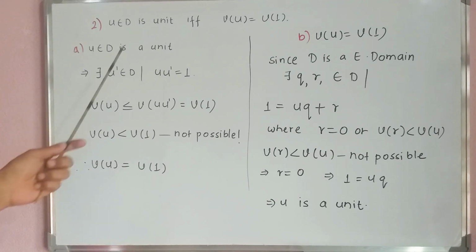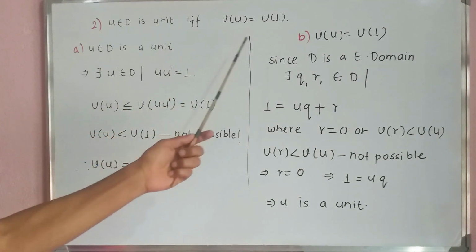Hence, U in D is a unit if and only if norm of U equals norm of 1.